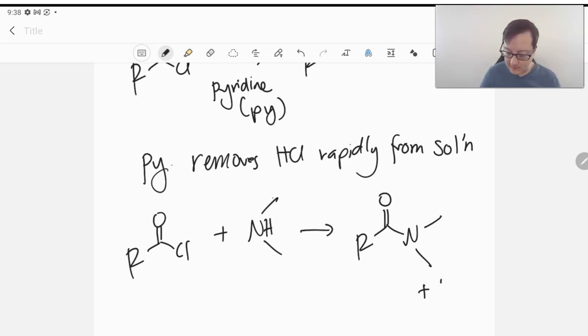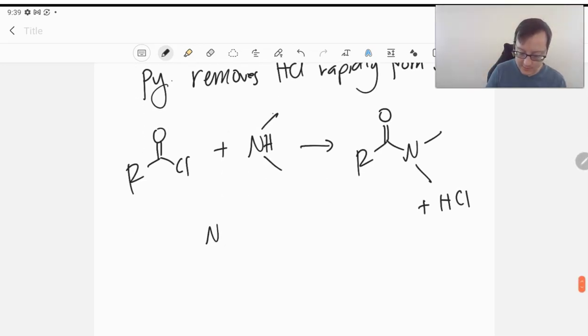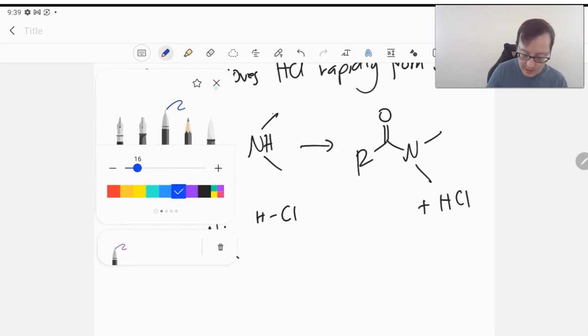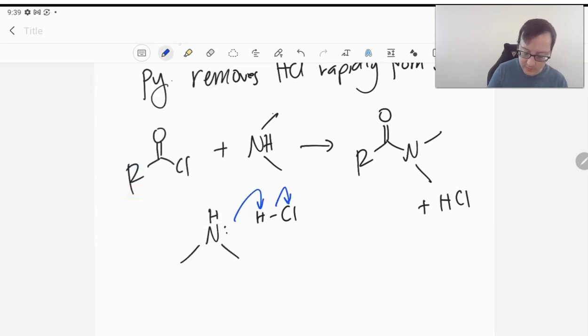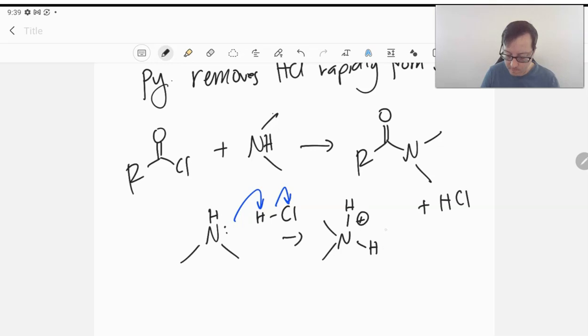We produce an HCl, and while amides themselves are not basic, amines are, and so another molecule of this amine present will react with that HCl, producing the ammonium version of this and the chloride ion. So we end up with this extra byproduct. And as we see, the ammonium there has no lone pair. It's no longer nucleophilic, right?